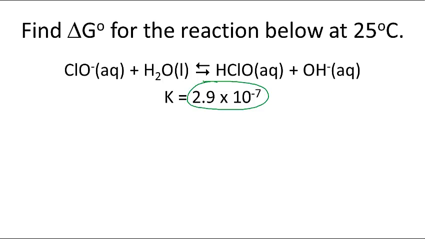This is a small value. Since you have a small value, does that mean this is a favorable or unfavorable reaction? This is an unfavorable reaction. So then, when I calculate delta G naught, what kind of value should I expect for delta G naught? A positive value.